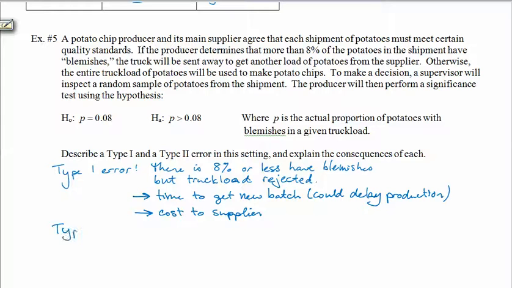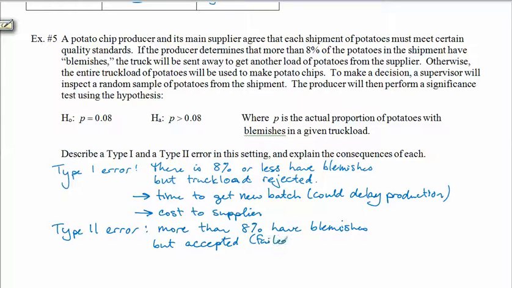A type 2 error is that there is more than 8% of the shipload having blemishes, but we accept it anyways. In other words, we failed to reject.